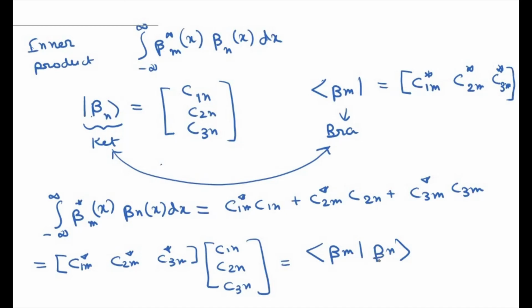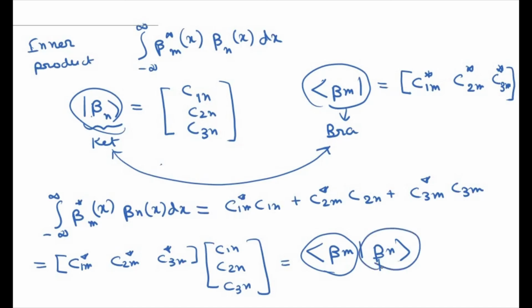This should be beta over here. Basically this part is the bra and this part is the ket. So we have written it in terms of Dirac notation, or the bracket notation. This is beta n.